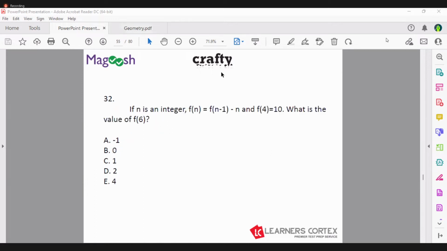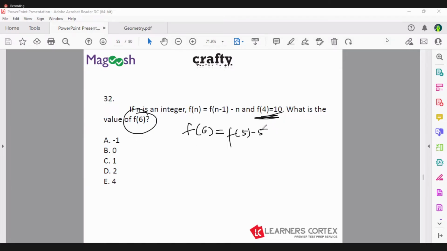Next is if n is an integer, f of n equals f of n minus 1 minus n, then what is the value of f of 6, given that f of 4 equals 10? You can basically substitute 6 here. This gives us f of 5 minus 6. Sorry, yes, minus 6.